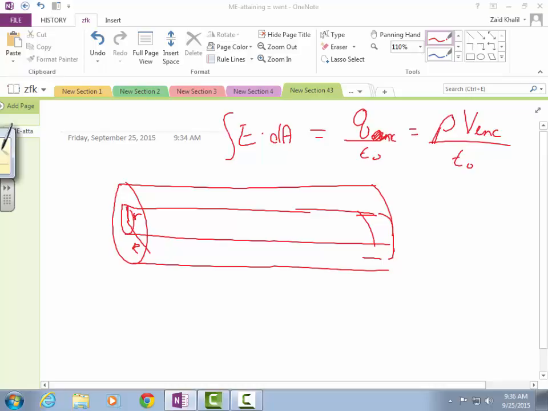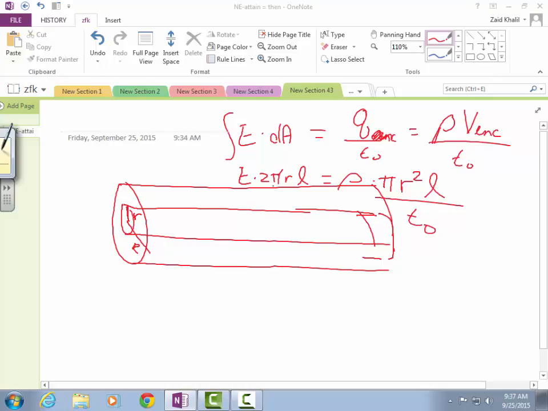So what do we have here? The area over which you're evaluating it is 2 pi little r L. The volume enclosed in our Gaussian surface is pi little r squared L, so be careful. Then over epsilon naught.